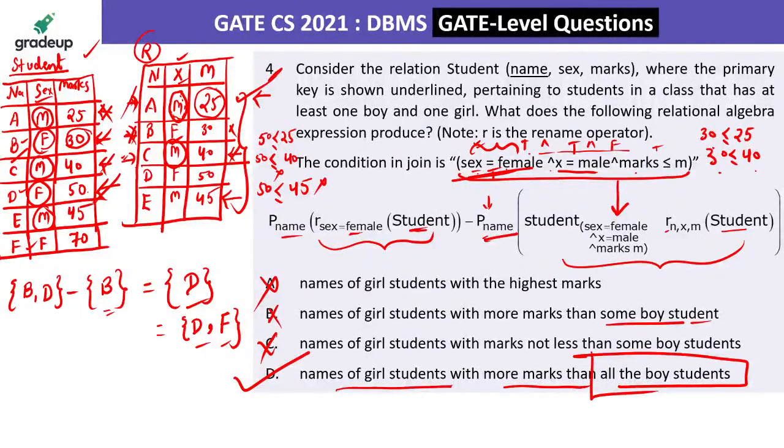See, I'm not getting this B name. She is having 30, and definitely 30 is greater than student A's 25, right? Because of some, we are not getting it. So for all students, that is the reason I am getting D and F. I hope now it is clear, everybody.